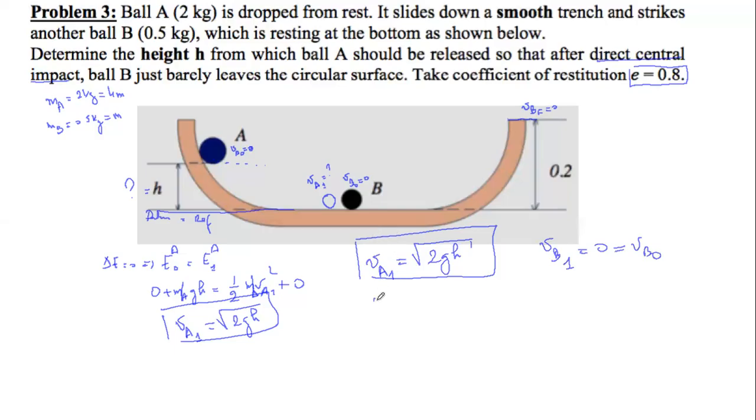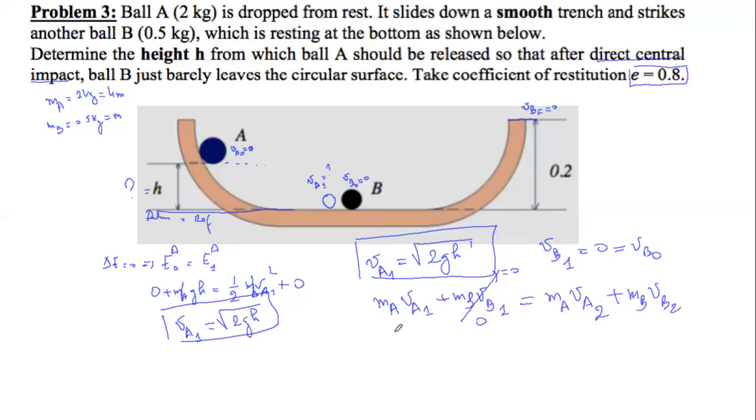Momentum before, which is MAVA1 plus MBVB1. By the way, VB1 is 0, so forget about it. This should be equal to MAVA2 plus MBVB2. Is that clear?